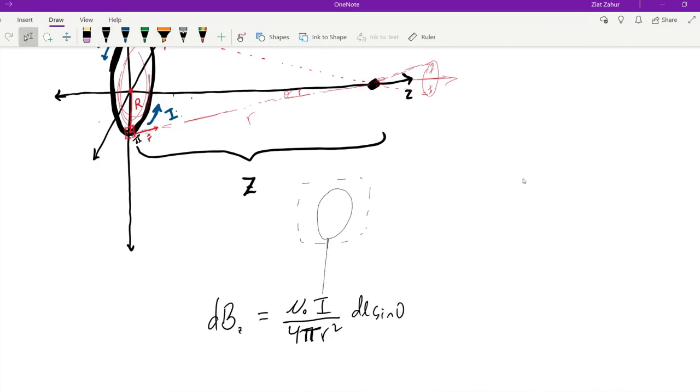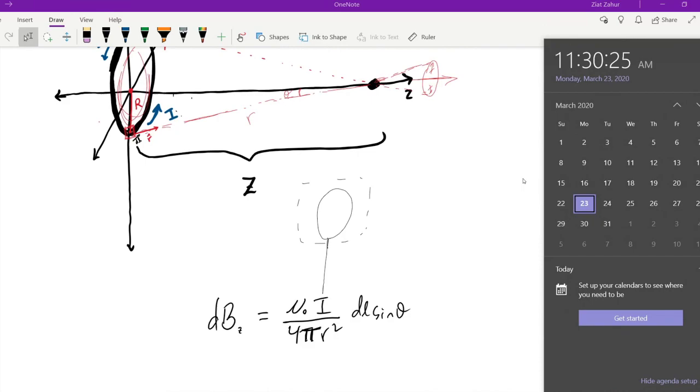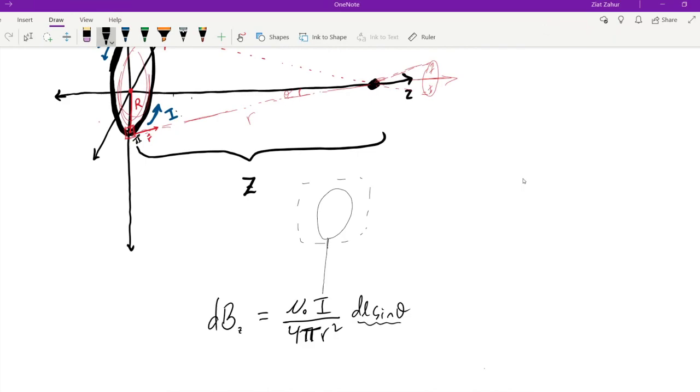Where do we get dl sine theta? Well, that's from the cross product. This piece here, we'll use green. This is from the dl cross r hat. That's how the Biot-Savart law is written. It's written in your book.